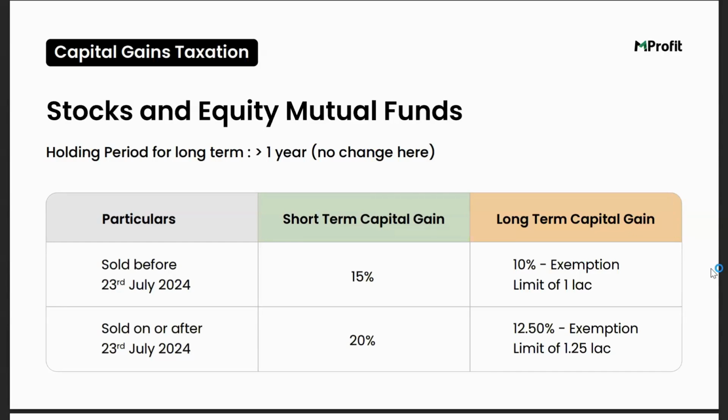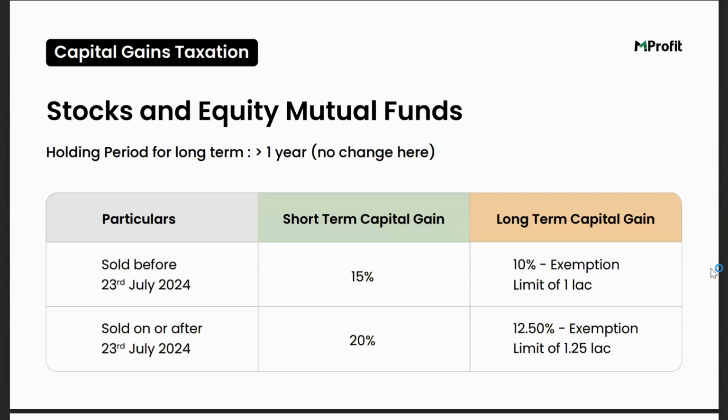So there is a different rule which is applicable if you are selling any security before 23rd of July 2024 and if you are selling any asset on or after 23rd of July 2024. In this example, in stocks and equity mutual funds, if you have sold the scrip or the equity fund before 23rd of July 2024, the short-term capital gain will be 15%.